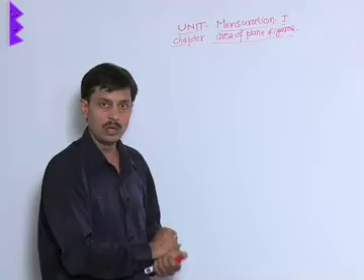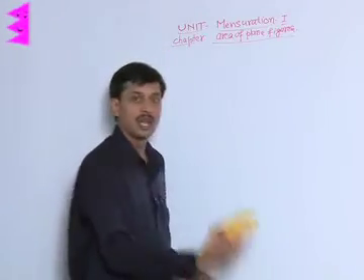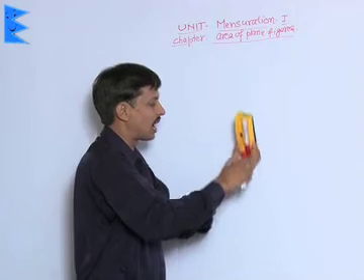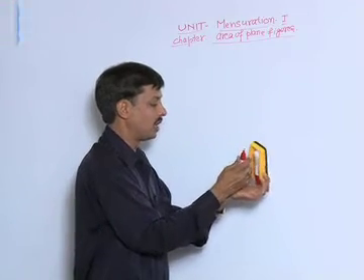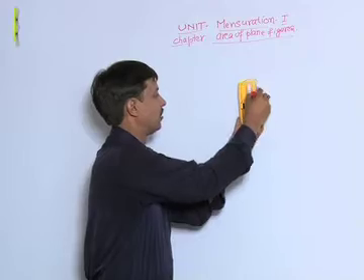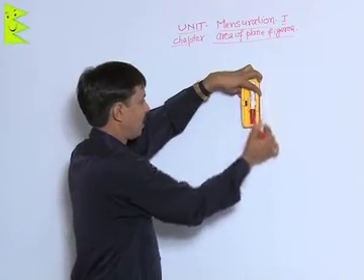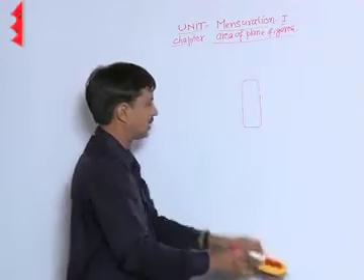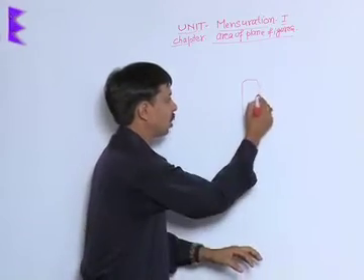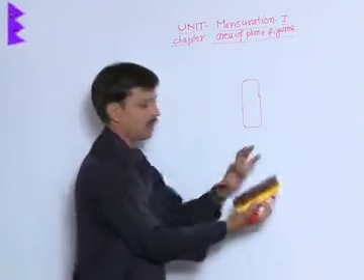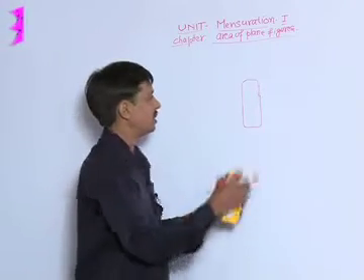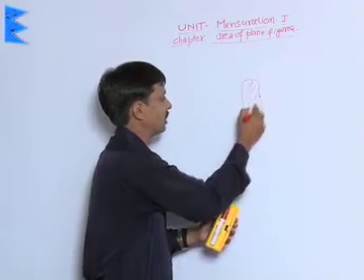On this surface, if I put this duster and make the boundary of the surface enclosed by this duster, then this part which is enclosed by the duster on the whiteboard is the area of this surface.